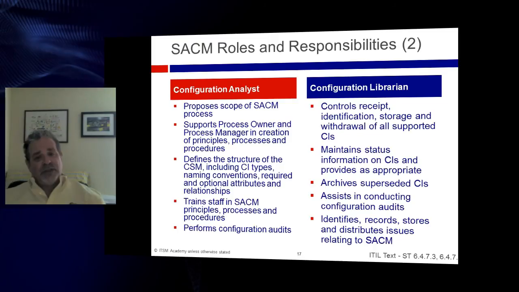The configuration librarian controls the receipt, identification, and storage of all of those CIs. They're going to maintain information on those CIs, make sure it's at the appropriate level, that it's accurate, and that it's up to date.